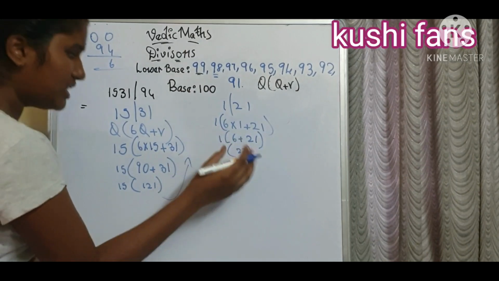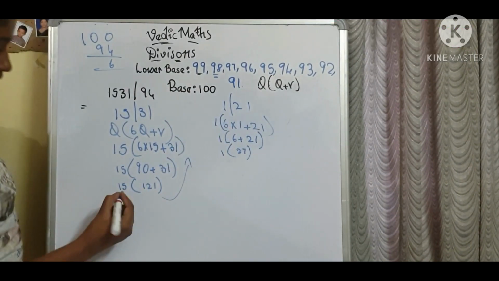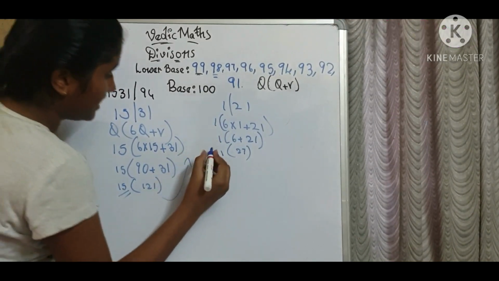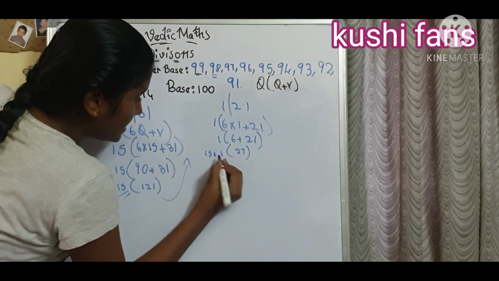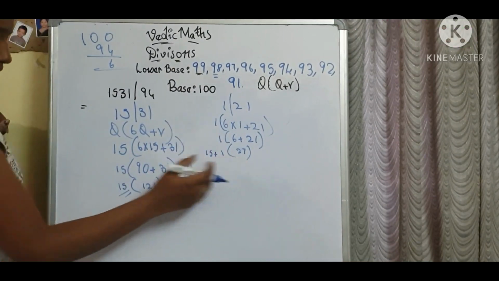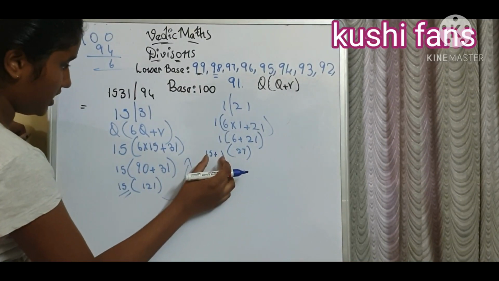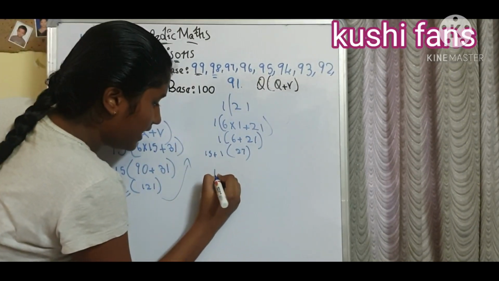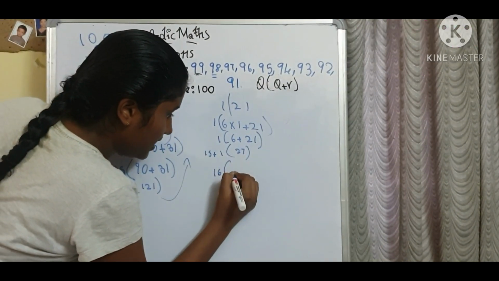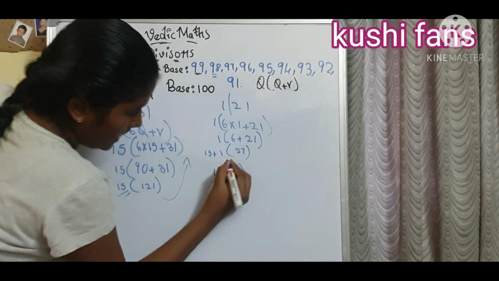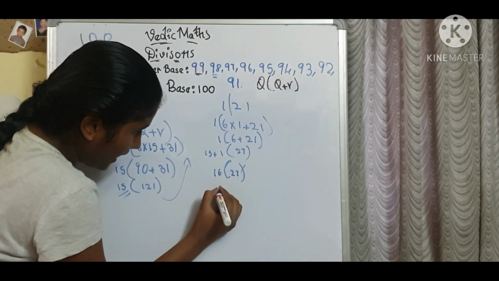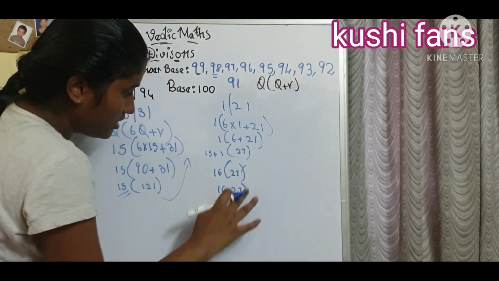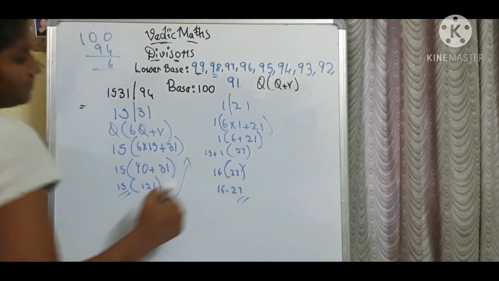Now also our problem is not finished. Here I have 15, and I should add 15 plus 1. If we don't add this quotient here, we don't get the correct answer in decimal form. Now I will have 16 bracket 27. Now I will remove my 2 brackets, 16.27. Now this will be my answer.